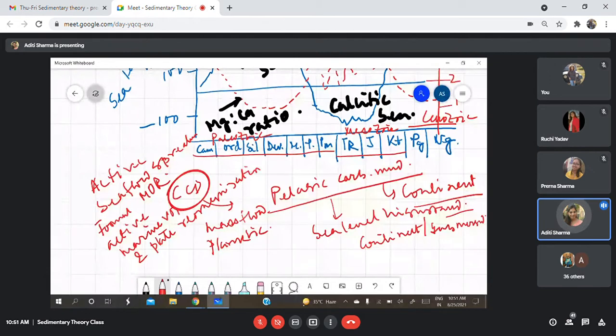All this time you have a seafloor high stand because the sea volume will be decreasing and the water will be displaced onto the continent.